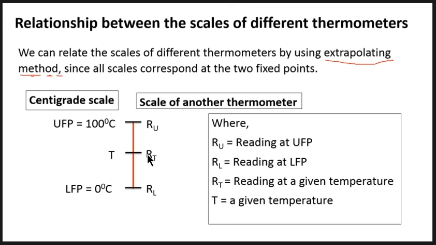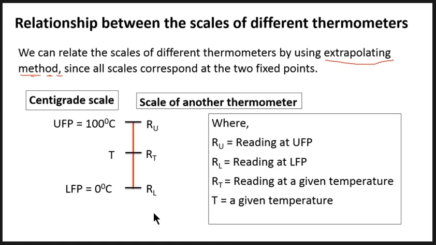Then in the middle I have RT, which is the reading at a given temperature, where T on the centigrade scale is a given temperature. The temperature could be in between the upper and lower fixed points, or probably below the lower fixed point. It could be anywhere, but not at the fixed points themselves.